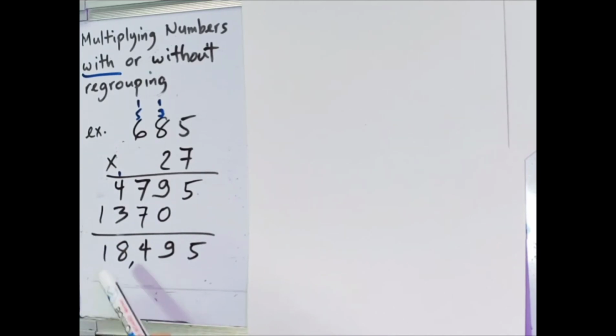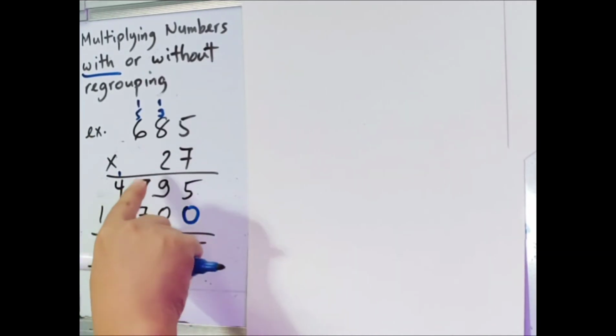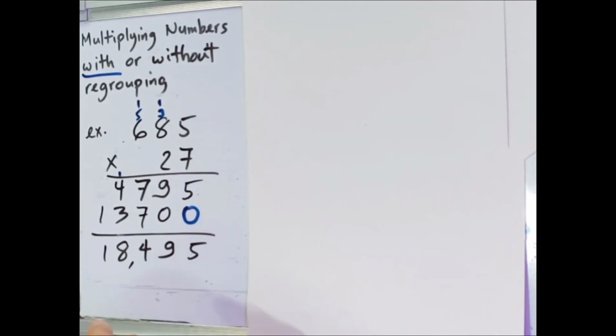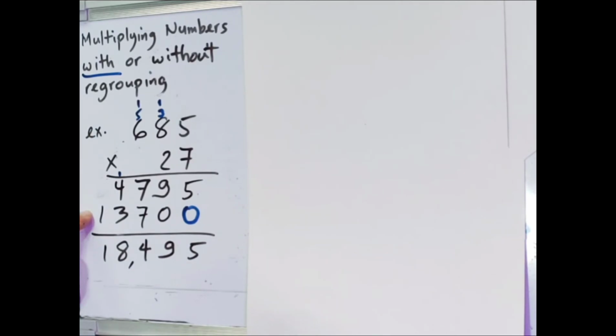But remember, this is not considered as a partial product. If you want to consider a partial product, you need to put 0 because you are multiplying 20 by 685 in that case. So the second partial product, if you want to consider that, it's 13,700 and it's not 1,370.